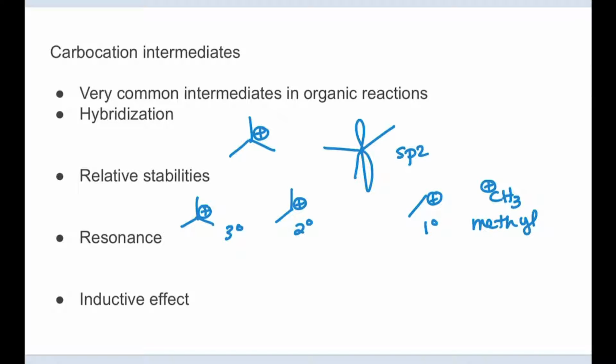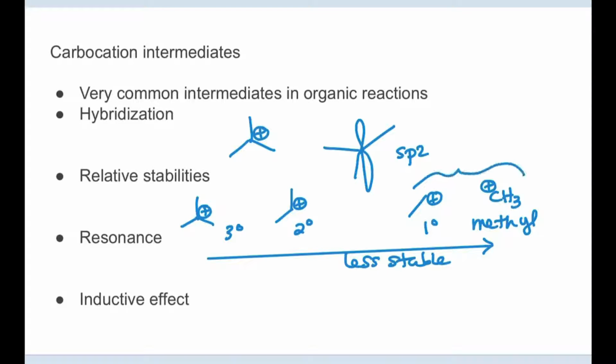So primary and methyl, well, as we move toward the right here, these become less and less stable. In fact, primary and methyl pretty much never form. Okay, so really we'll only see tertiary and secondary carbocations.